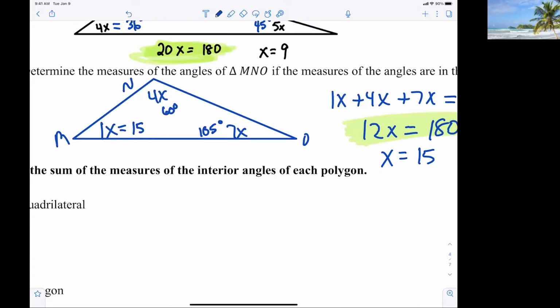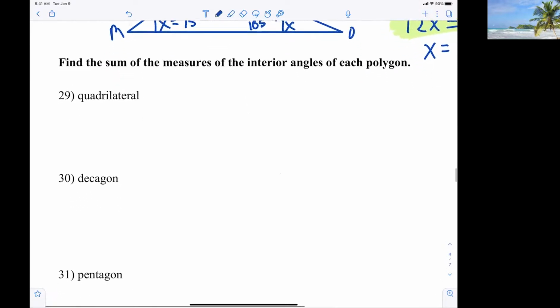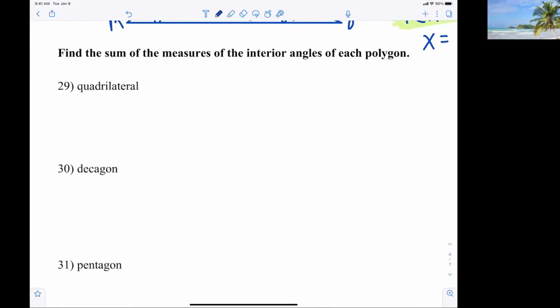KK, right? All right, Molly. What was the formula? You are awesome, girl. N minus 2 times what? 180. Very, very smart. Good.